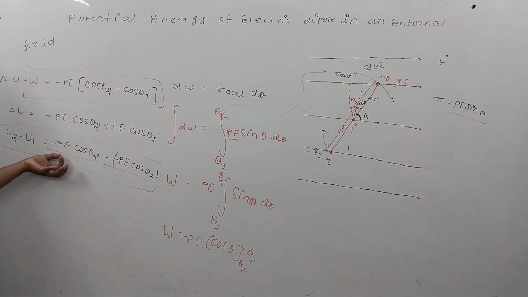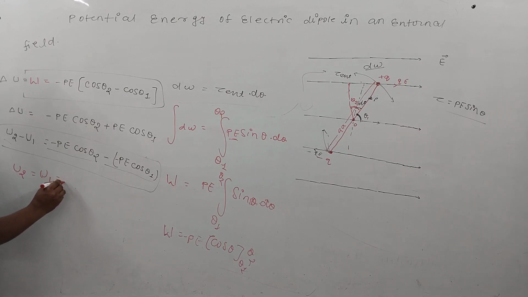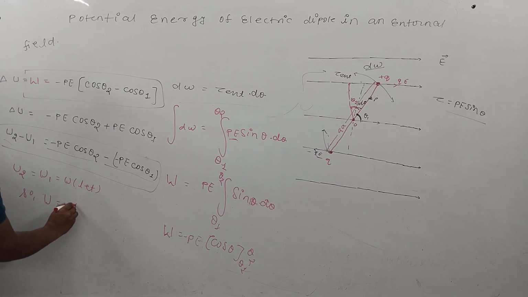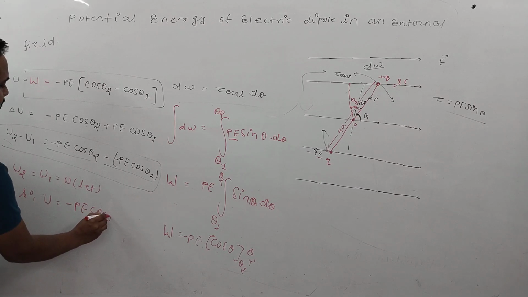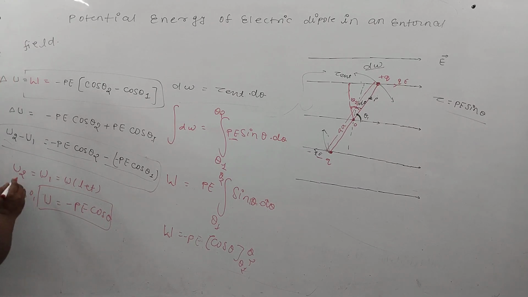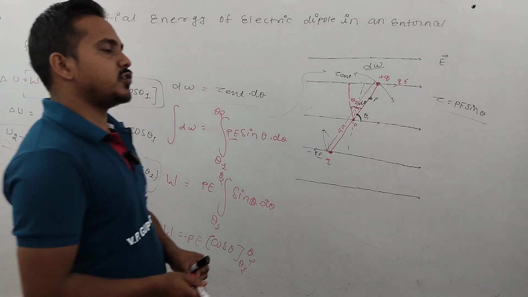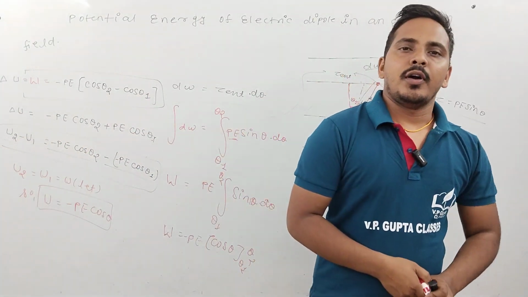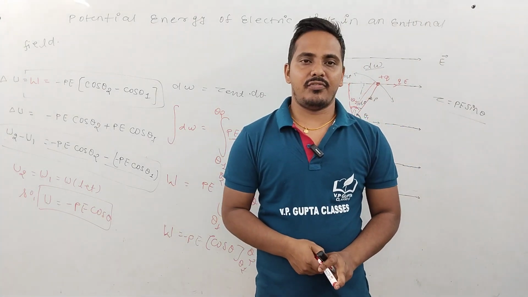So U is equal to minus pE cos theta. This is our expression for the potential energy of an electric dipole in an external field.